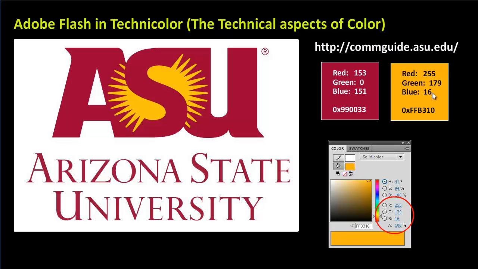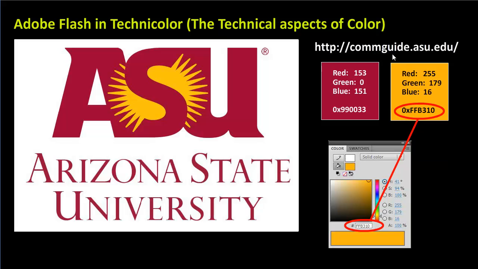Well, a nice thing is in Flash, if they give you those colors, you can go in and mix a color in the color panel by specifying the red, green, and blue values. And you can type those values in. It's going to give you the exact swatch color that you need out of those 16.7 million different combinations. Notice they also give you what's called a hexadecimal value.